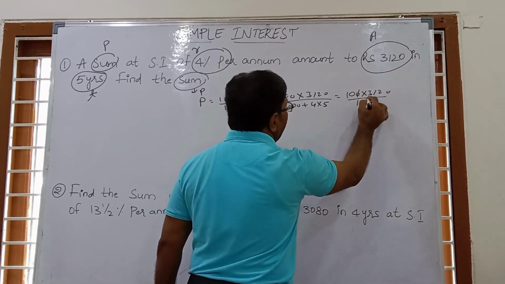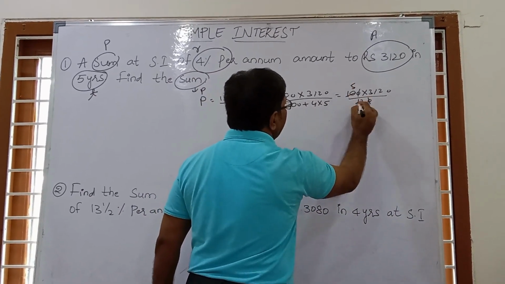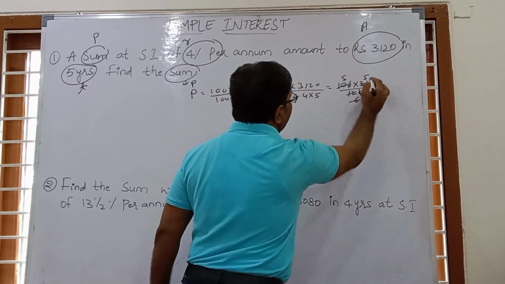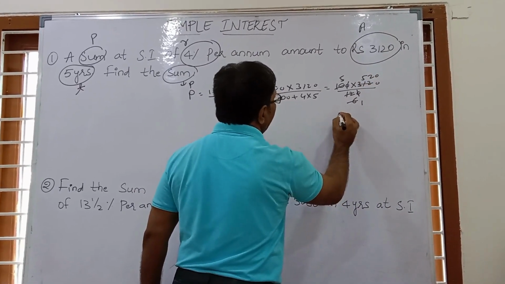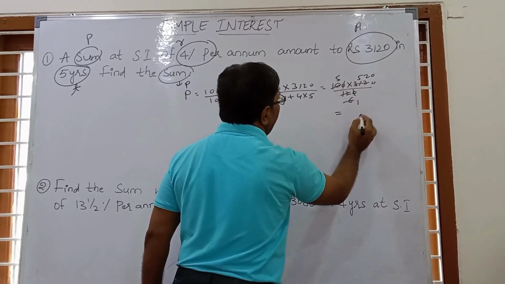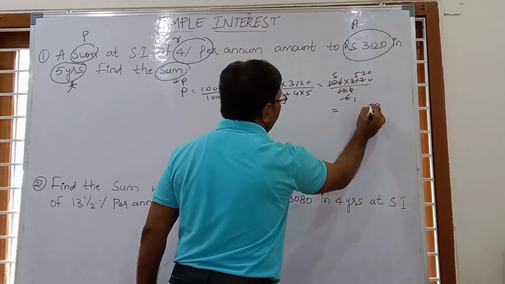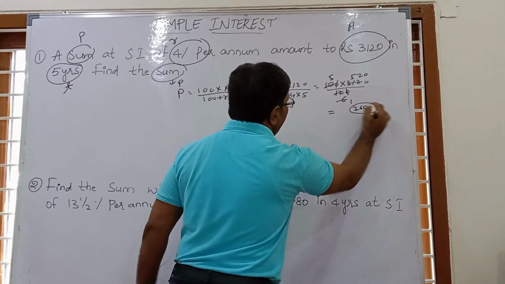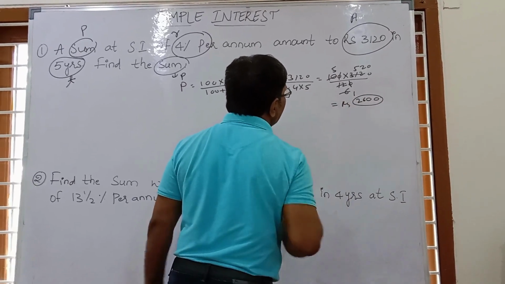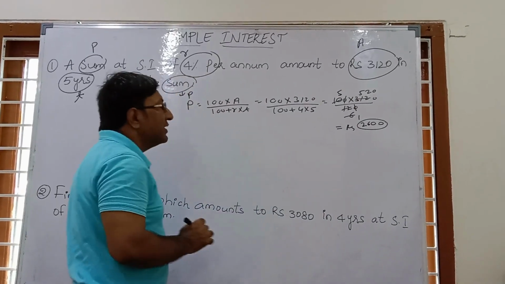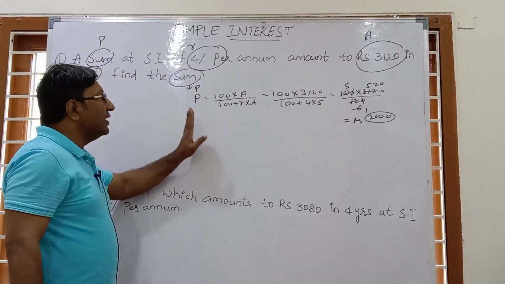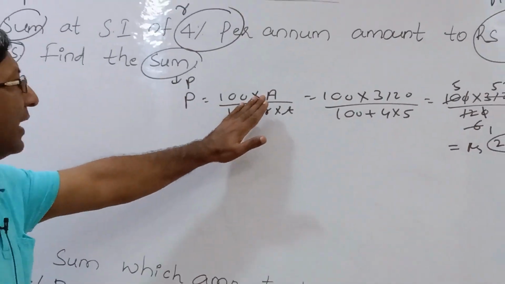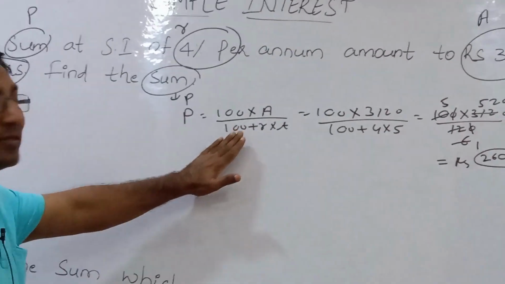This 0 is cancelled out. 2 sixes are 12, 6 ones are 6, 6 fives are 30, 6 twos are 12. Multiply 520 by 5: 5 twos are 10, 5 fives are 25, giving 2600. Your answer is rupees 2600. This is the correct answer, and this is the important technique: principal equals 100 multiplied by amount upon 100 plus RT.